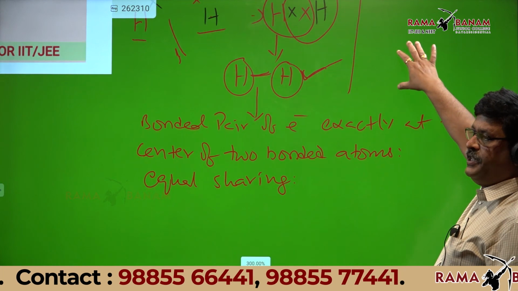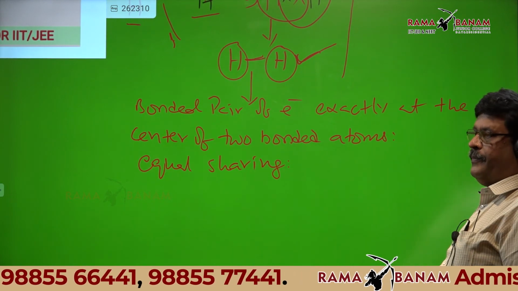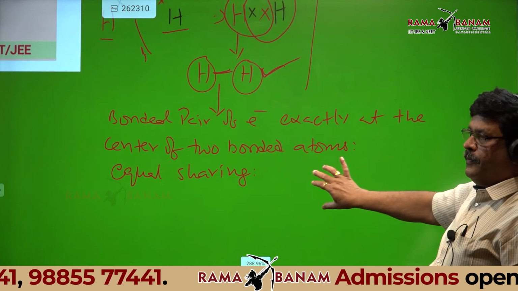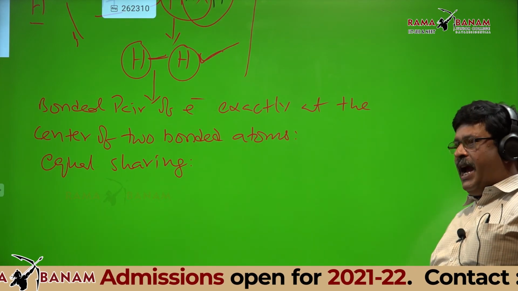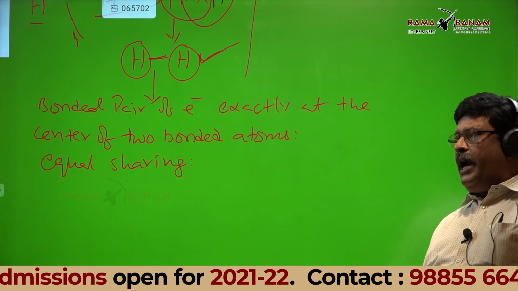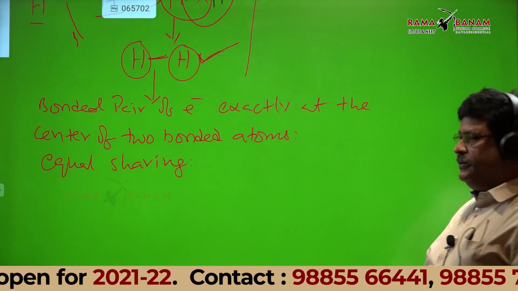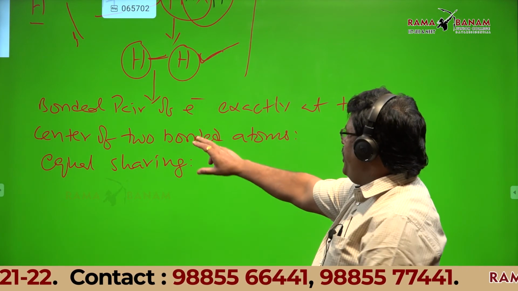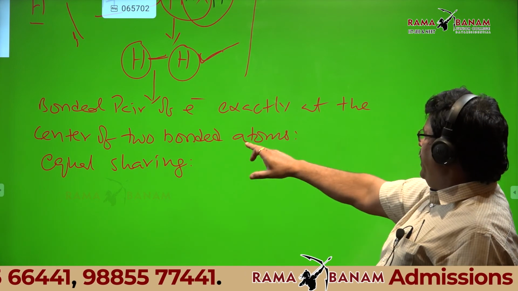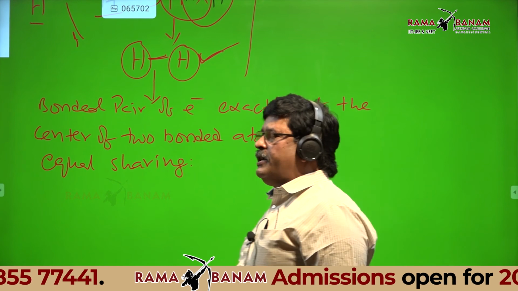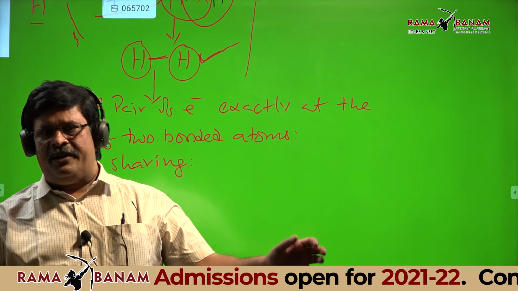Is it okay, students? The bonded pair of electrons exactly at the center of the two bonded atoms, that's what is called equal sharing. Is it okay?